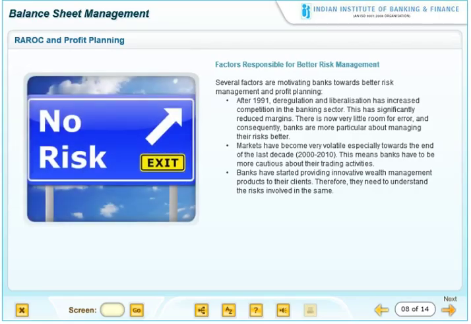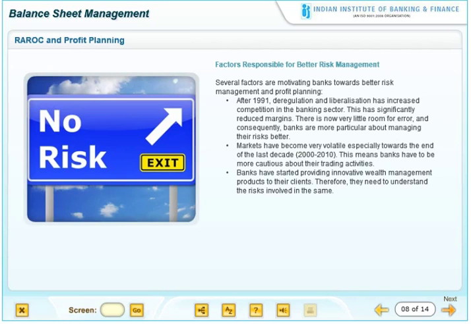Several factors are motivating banks towards better risk management and profit planning. After 1991, deregulation and liberalization has increased competition in the banking sector. This has significantly reduced margins. There is now very little room for error and, consequently, banks are more particular about managing their risks better.